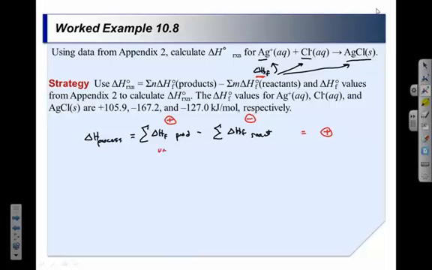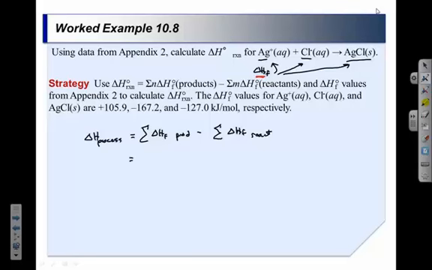So if my products are unstable, but my reactants started off as relatively stable, that means I'm going up in potential energy, and that's an endothermic process. Okay? So if I set the equation up this way, it's the only way that makes sense. It's the only way that when I actually subtract the delta H of formation values, I'll get the right sign for delta H for the process.